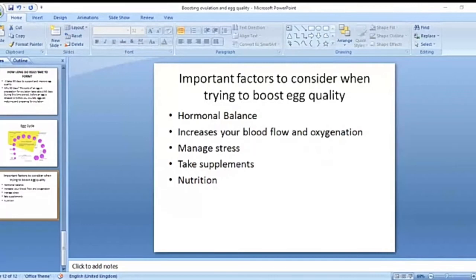So hormonal balance is one of the things you consider when working on egg quality. What are the hormones you need to balance?